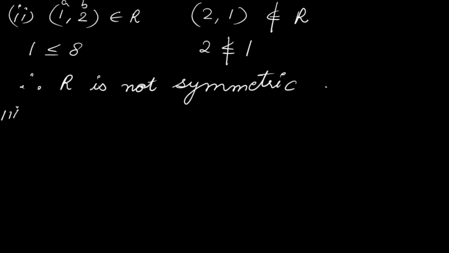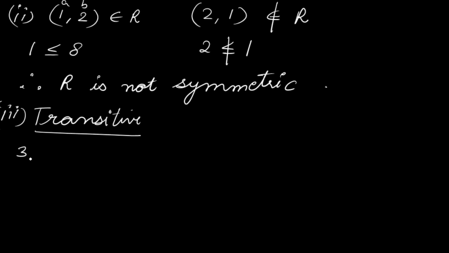Now transitive we have to check. It won't be transitive, as I have already told you. For transitive also, if we try with natural numbers, the result will always be true. So let's try with some fractions. Last time we did 3 comma 2, 2 comma 1.5.